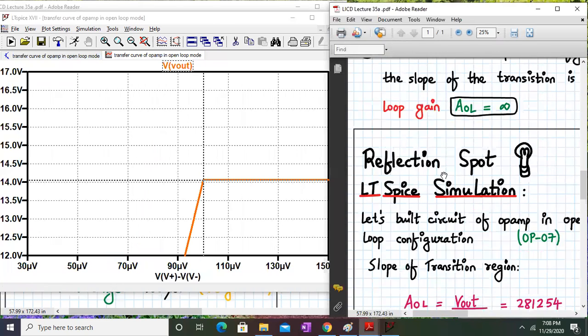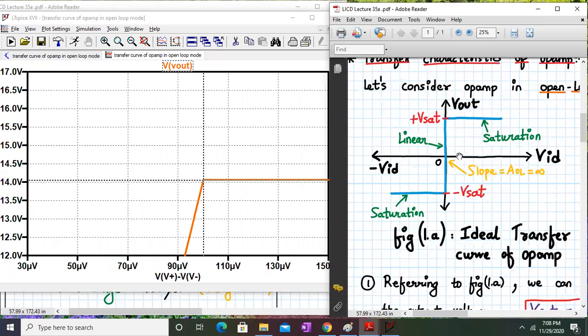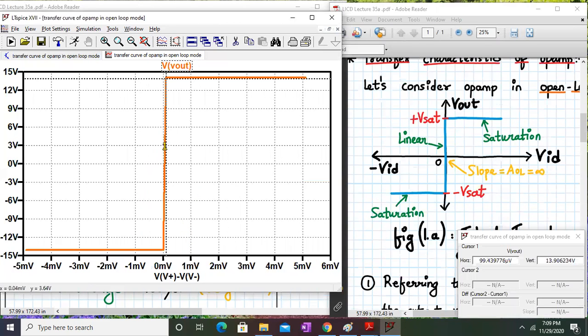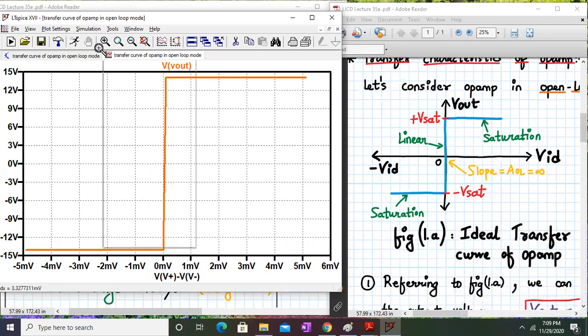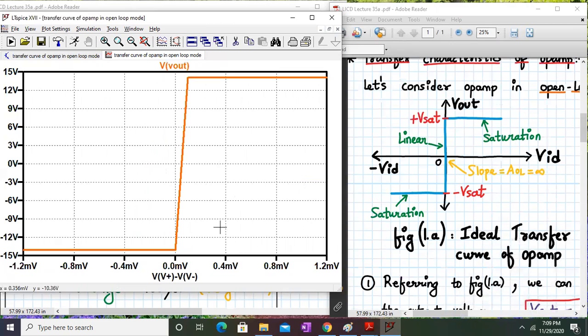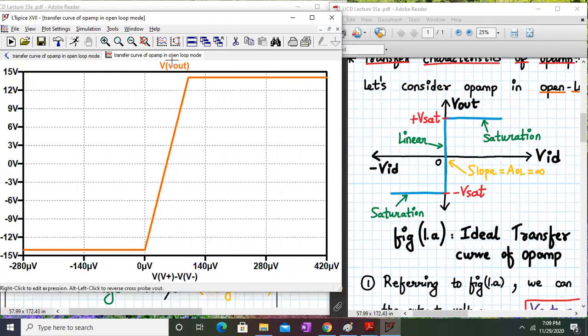So what I am saying is this linear region is almost zero in the case of an ideal op-amp, but in the case of OP07 in open loop configuration, this linear range is around 100 millivolt. Okay, that's the point. If you want to find the slope of this, we can maximize this part, and we can take two coordinates over here.